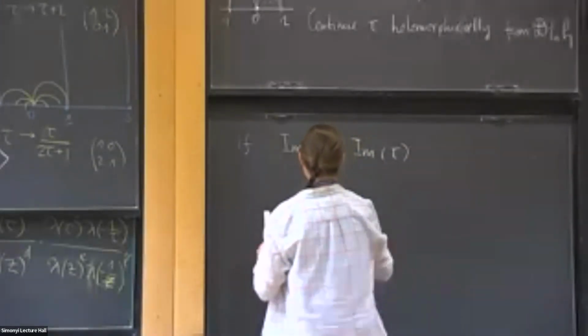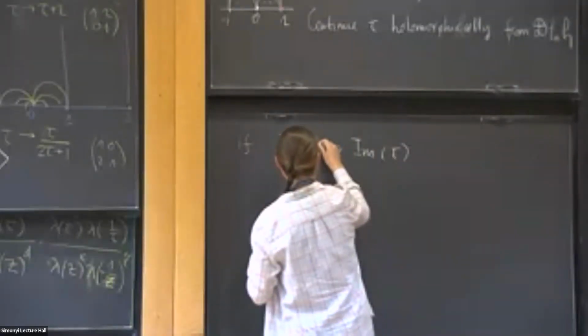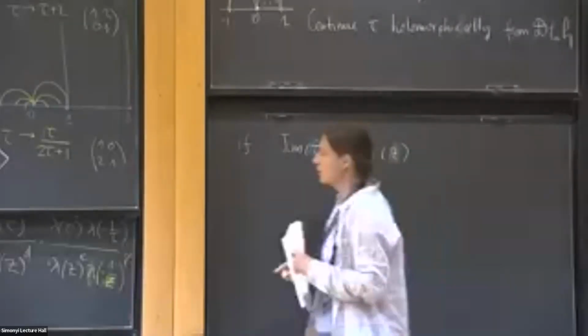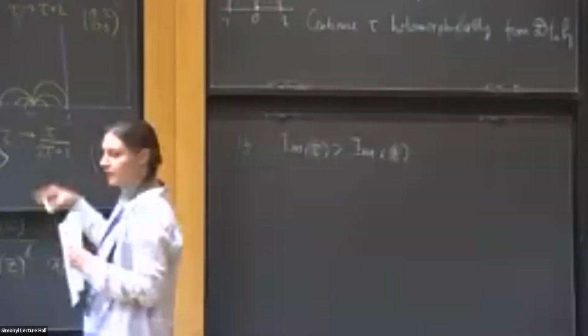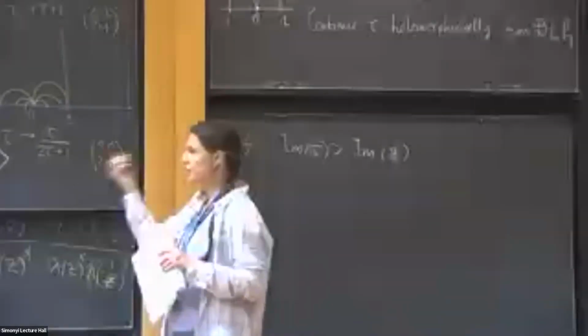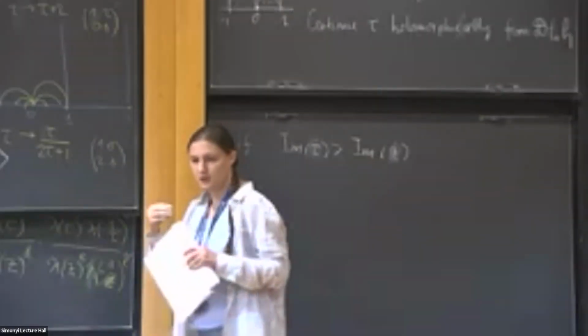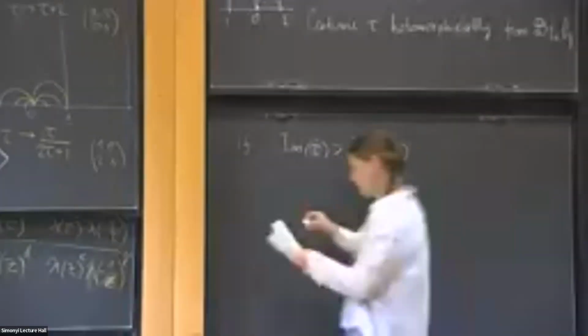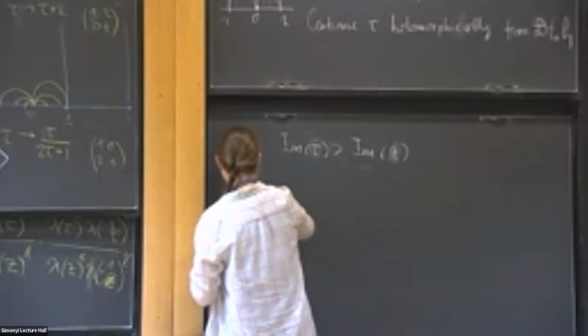Oh, probably the imaginary part of tau has to be bigger than the imaginary part of Z. And we look at our periodic meromorphic kernel. So it's a periodic function in tau, and now we can write down its Fourier expansion and it will converge under this condition. So we can write our kernel.